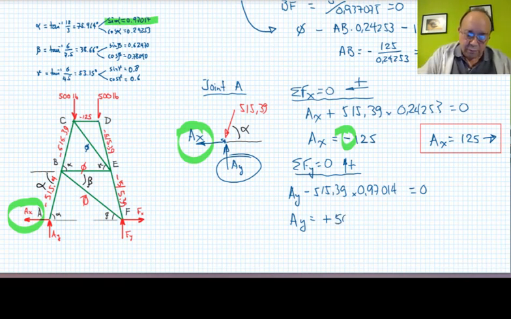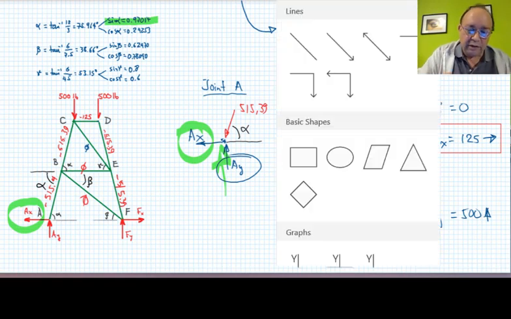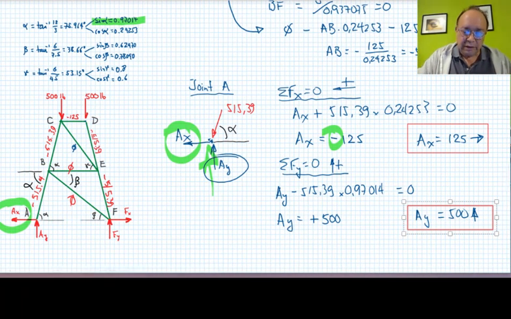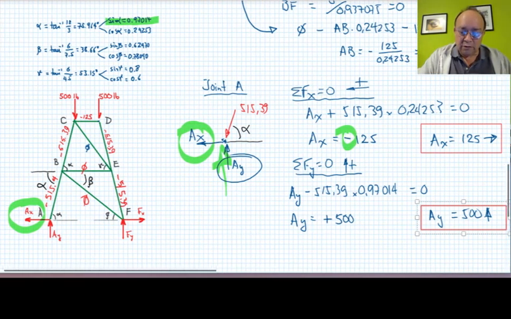Positive. Positive means that my assumption that the load was going up is correct. So I don't need to make any changes. AY equals 500 going up because my assumption was correct. Okay, so that's that solution.